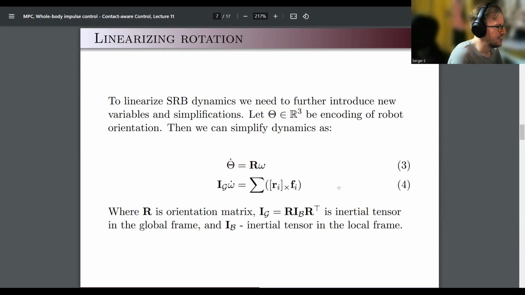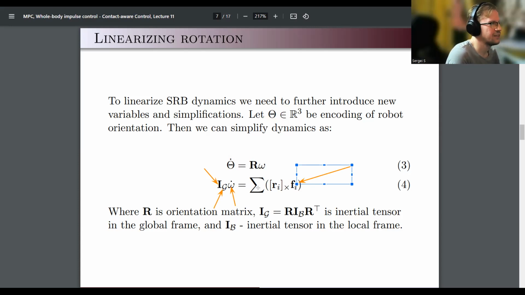Now, the next one is a little bit similar. What we have here is inertia, now expressed in the global frame, times v dot, and we claim that this is equal to the sum of torques. This is a linearization.